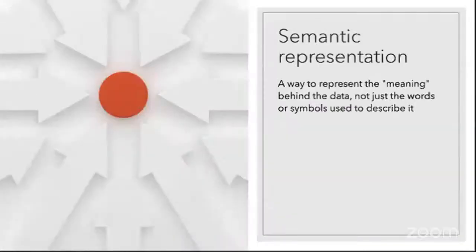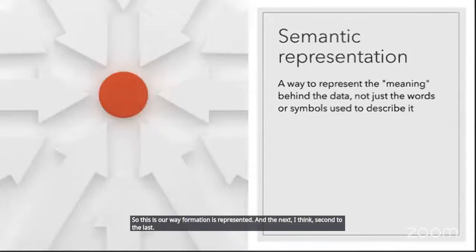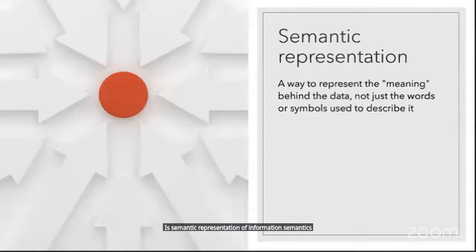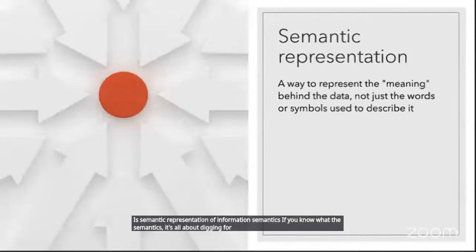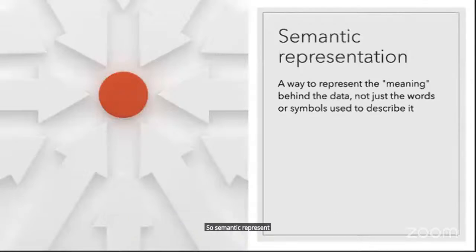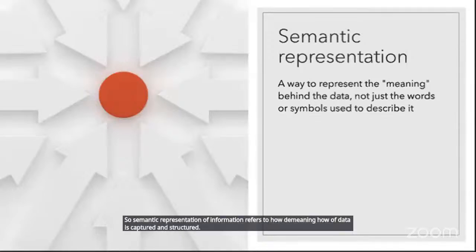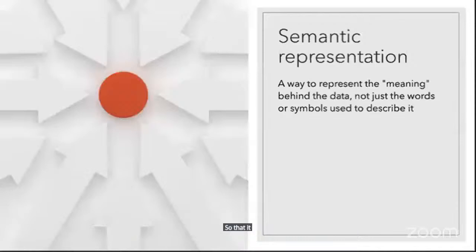Then the next, second to the last, is semantic representation of information. Semantics is all about digging for the meaning of something. Semantic representation of information refers to how the meaning of data is captured and structured so that it can be understood, processed, and interpreted by both humans and machines.